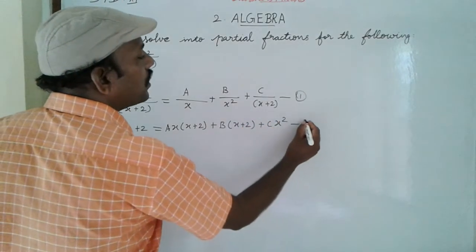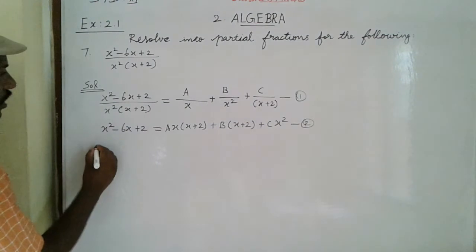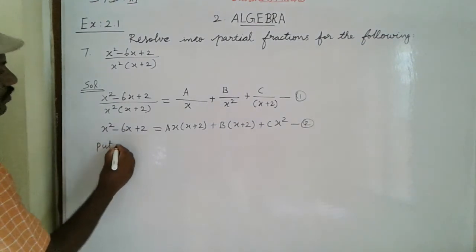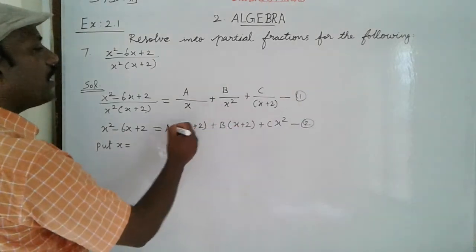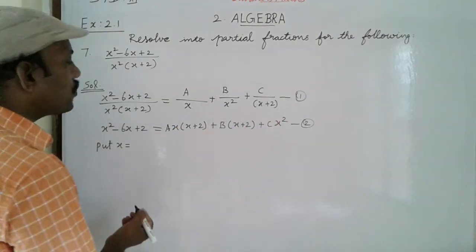This is equation number 2. Put x equal to −2, then the terms with a and b are 0, and we can find the c value.